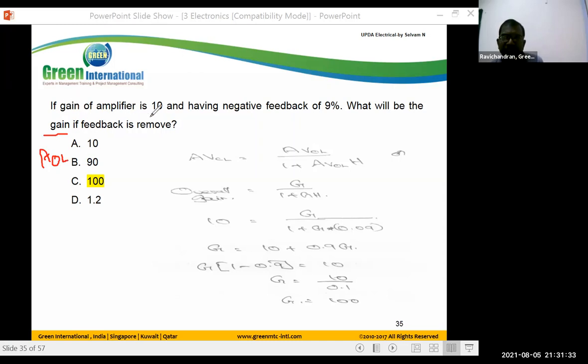The gain of the amplifier is 10, having feedback 9%, that is beta is equal to 9%. Does this gain represent open loop or closed loop? Closed loop, because the next part asks for the open loop gain, so the given data is in terms of closed loop.